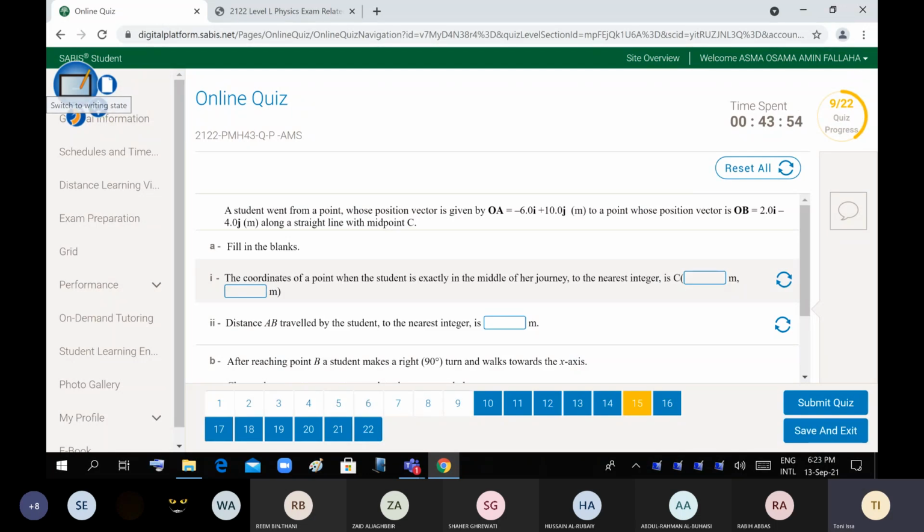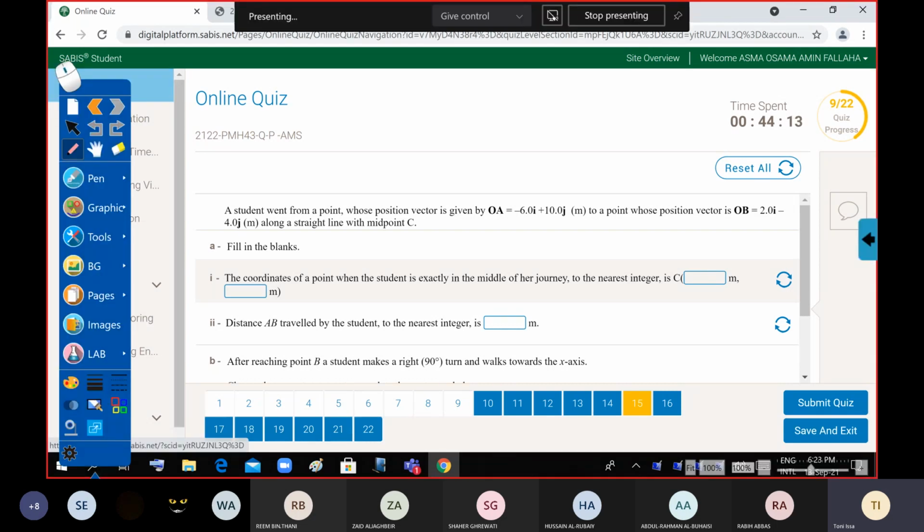We have a student, he went from a point whose position vector is minus 6i plus 10j to a point whose position vector is 2i minus 4j along a straight line with midpoint C. The coordinates of a point when the student is exactly in the middle, which means at C. In other words, they want you to find the coordinates of the midpoint. Okay, so to find xc, it will be x of a, which is minus 6, plus x of b, which is 2, over 2.